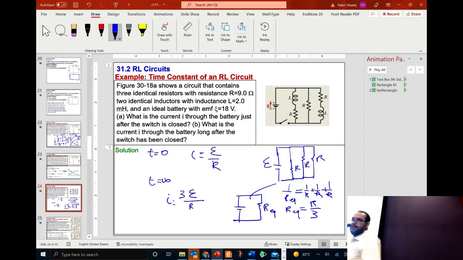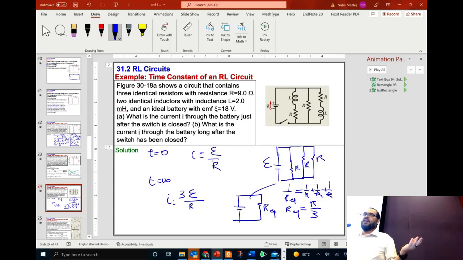So if you are analyzing a circuit that has inductors and you're told t equal to 0, immediately at t equal to 0, the inductor acts like an open, as if it is not there. So it simplifies your circuit. Same thing if you are asked at steady state, where t is going to infinity: now the inductor is like a short, just a simple connector.